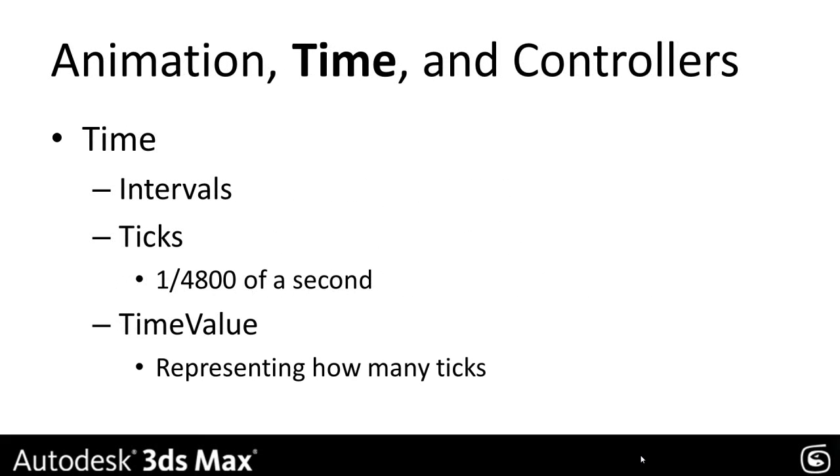When we start talking about time, this has to do with intervals, and within 3ds Max this is called a tick, and a tick within 3ds Max is 1/4800th of a second. Okay, so that's the really low level time unit. A time value then represents how many ticks you would have in, let's say, an interval.